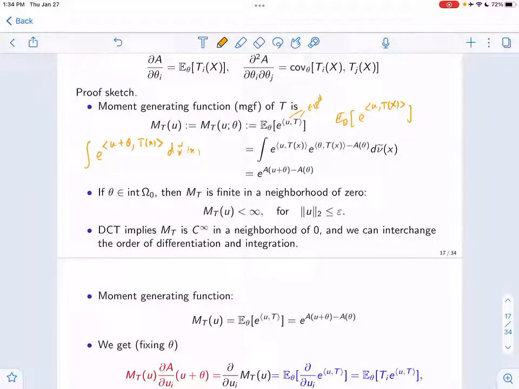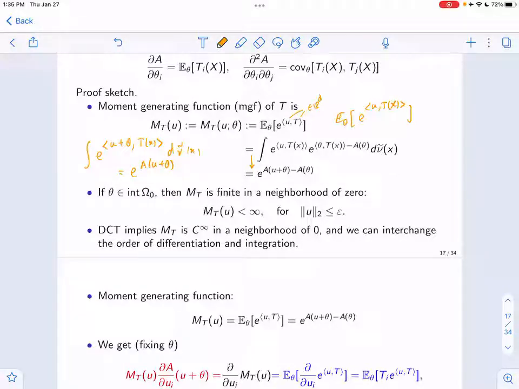But if you go check the definition of the log partition function, this is equal to e to the A of theta plus u. So whatever appears here is just going to be e to the A of that guy, u plus theta. This follows from the definition of the log partition function. I'll let you verify for yourself that this is the end result.